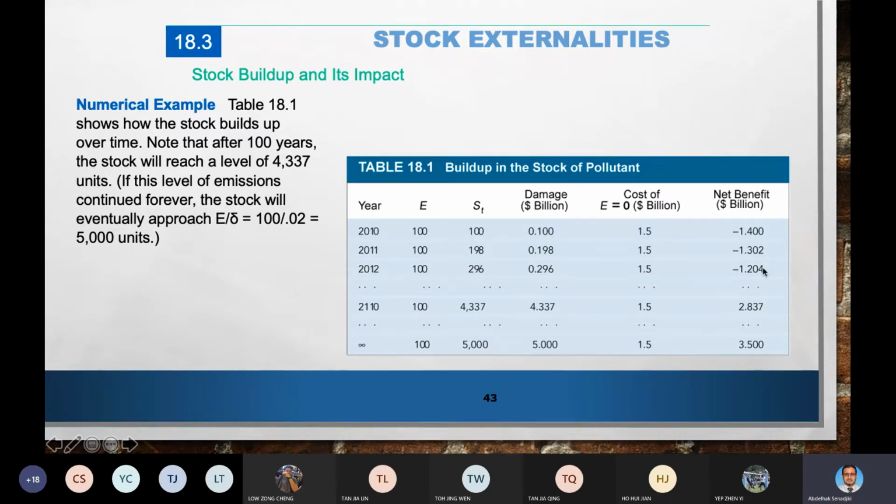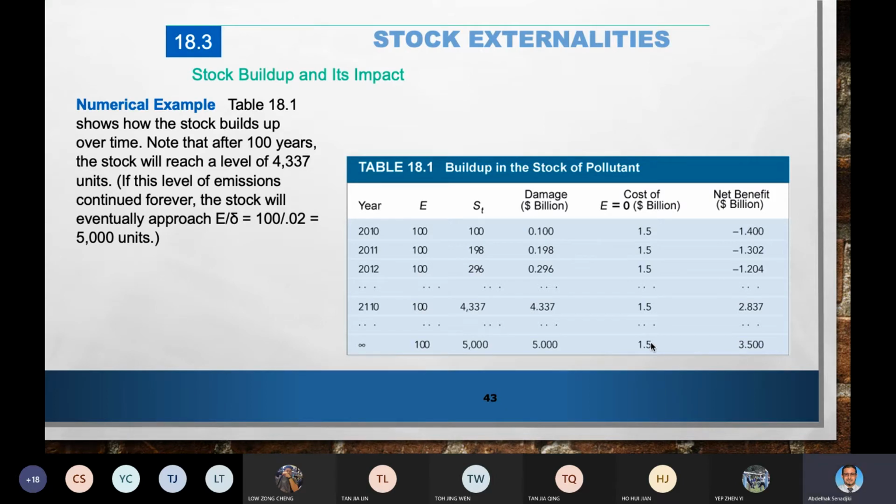Until we reach somewhere, maybe in 5 years, 10 years, or 50 years, when the benefit is greater than the cost. For example, at 100 years, the benefit is 2, the cost is only 1.5. If it goes to infinity, the benefit is 3.5, the cost is only 1.5.